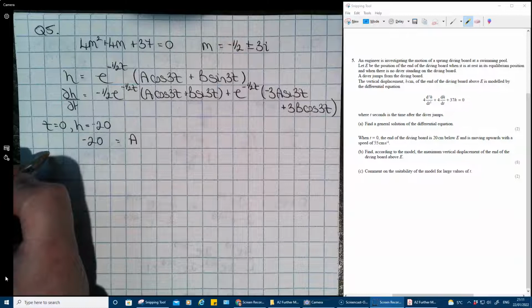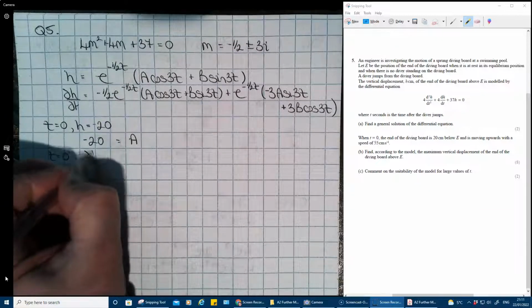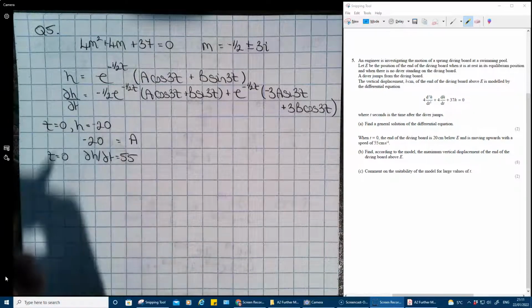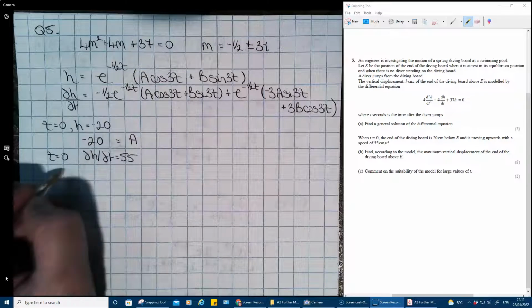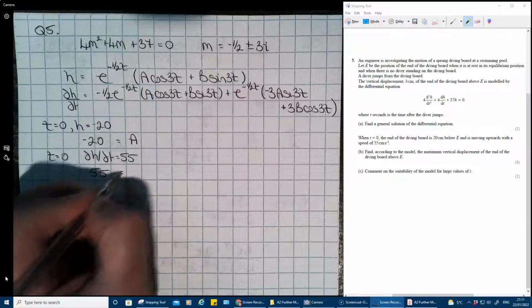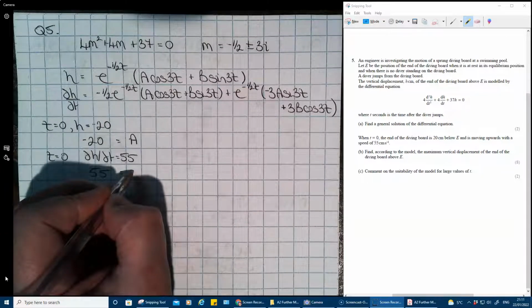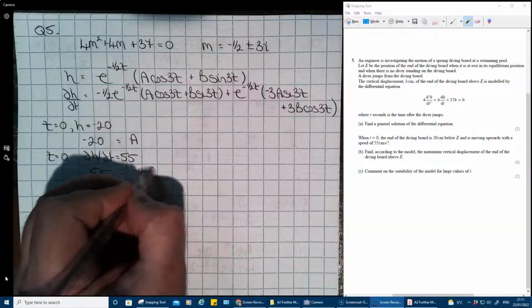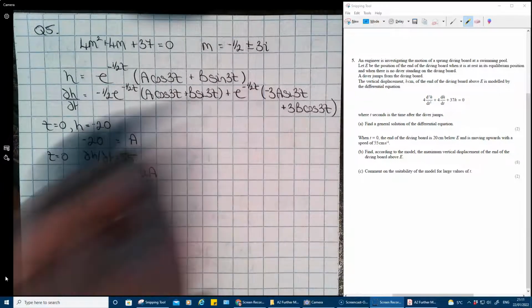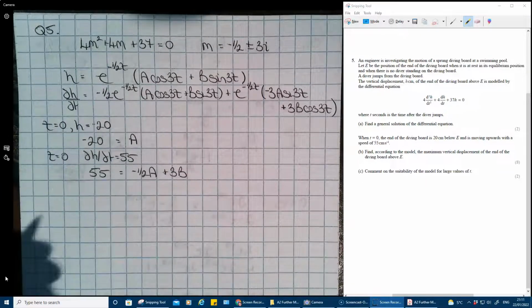And when t is 0, dh by dt is 55. So that gives us 55 equals minus a half a plus 3b, because the sines will be 0.